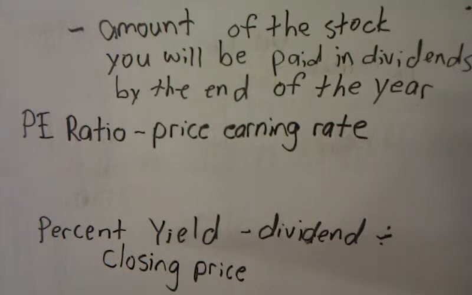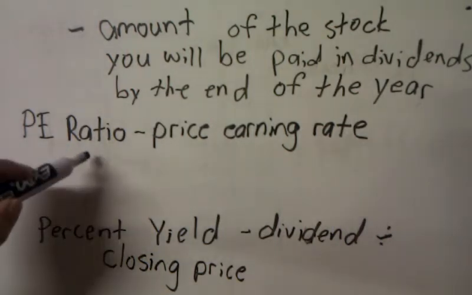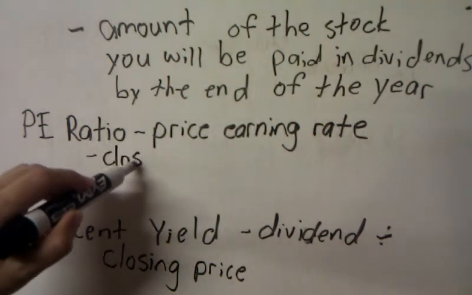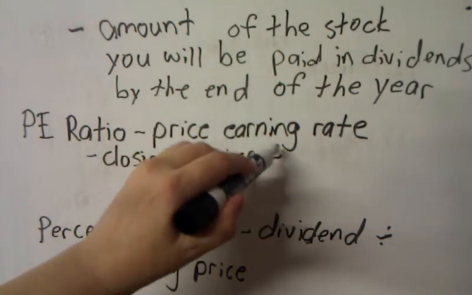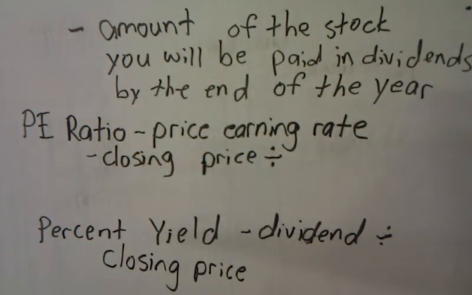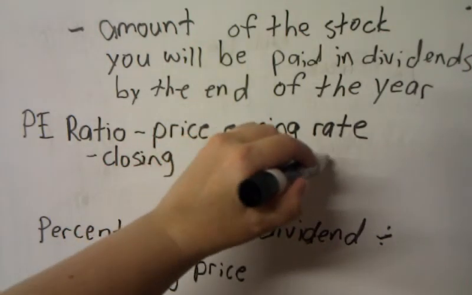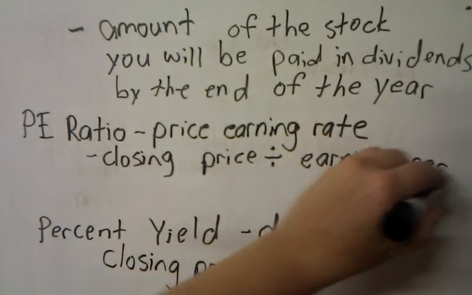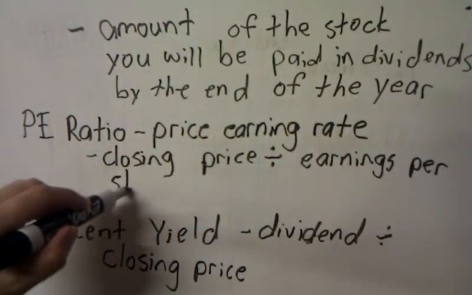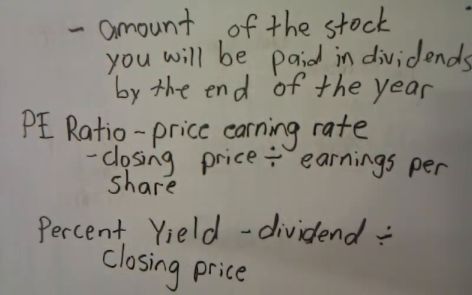It is figured by dividing the closing price of a stock by the earnings per share of each stock. So the closing price divided by the earnings per share.